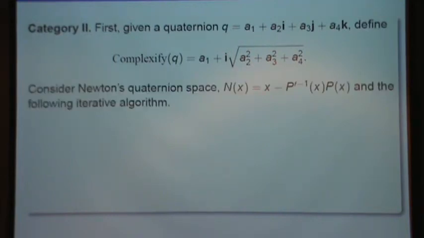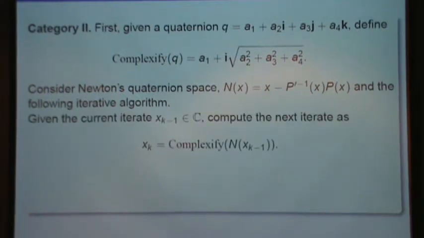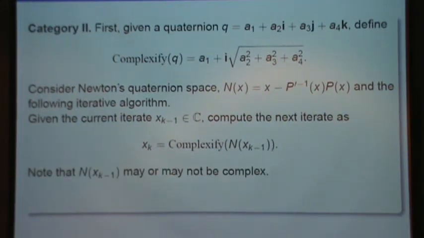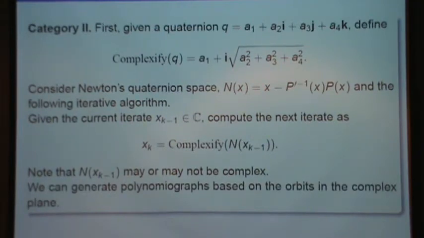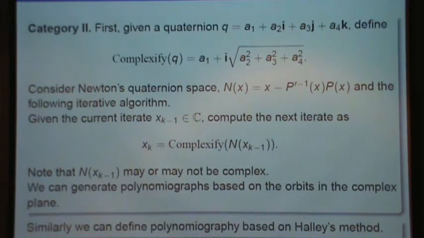Then consider Newton iteration and the following iterative algorithm. Given a current iteration, we compute the next iteration as we apply Newton's and then we complexify. We put it on the plane. So this way we can see what's going on in the plane. So we can look at the orbits and see what happens to them. There are lots of tough questions about their convergence. Similarly, we can define Halley's method.